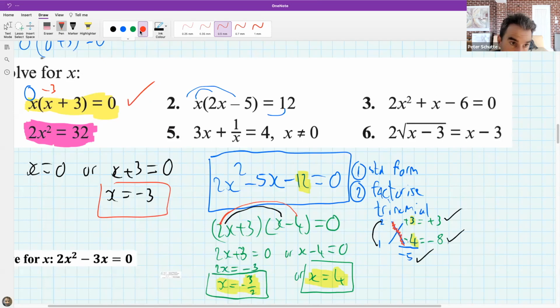Then 3 times 1x is just this bit here. Those two things have to balance to give me the minus 5x up here. That's why the sums need to add to minus 5.